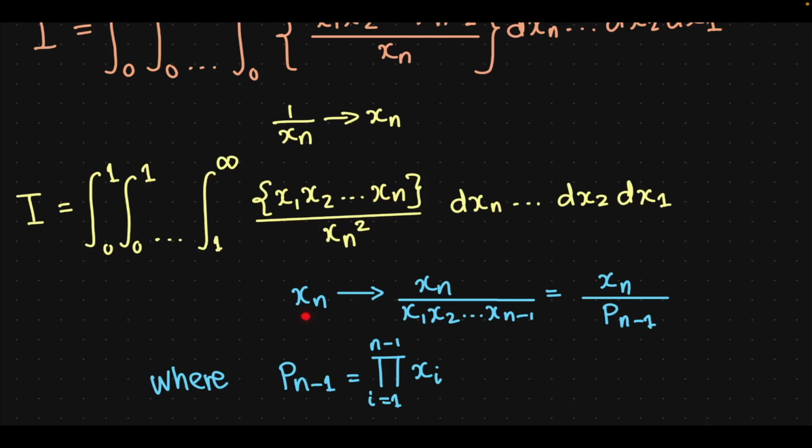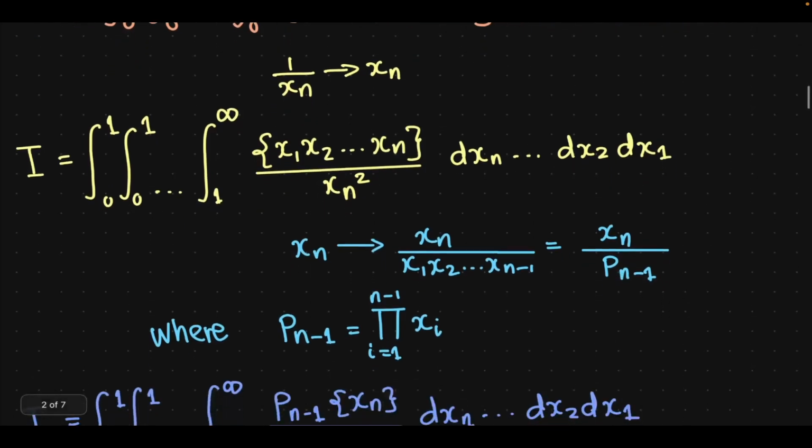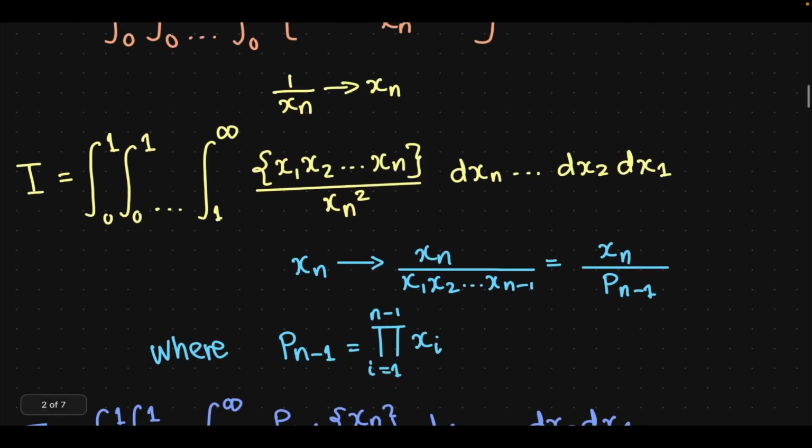Let's say xn goes to xn divided by x1 times x2 times until xn minus 1, where I'm going to denote the denominator as Pn minus 1. So we end up with xn over Pn minus 1, where Pn minus 1 is just the product from 1 to n minus 1 of the xi. This is just convenient notation. There's nothing special about this product.